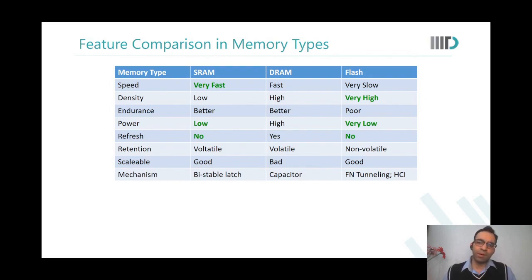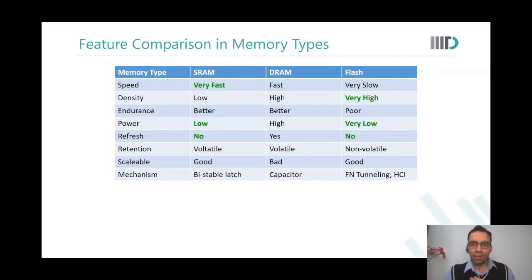Endurance means the number of times you can read-write into that particular memory. In a SRAM, it is 6 transistors, fully static CMOS logic, regular voltage operation. Endurance is maximum, a very high level of endurance. DRAMs, again, very high level of endurance.